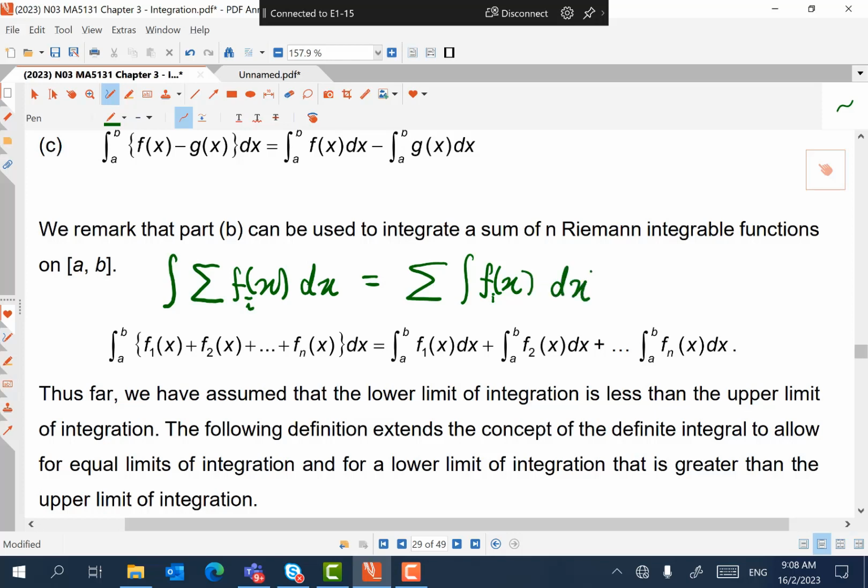If you have an infinite number of functions, Ashad will tell you that this statement may not be true. You cannot just interchange integral and summation freely like this.